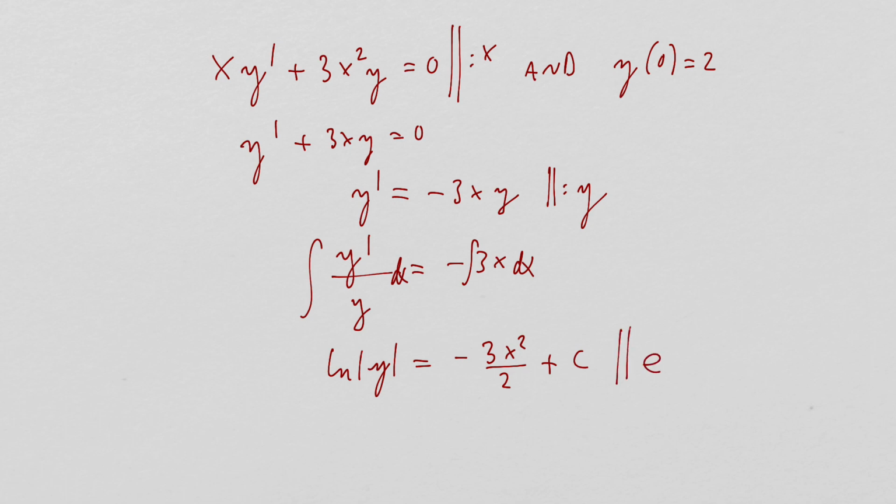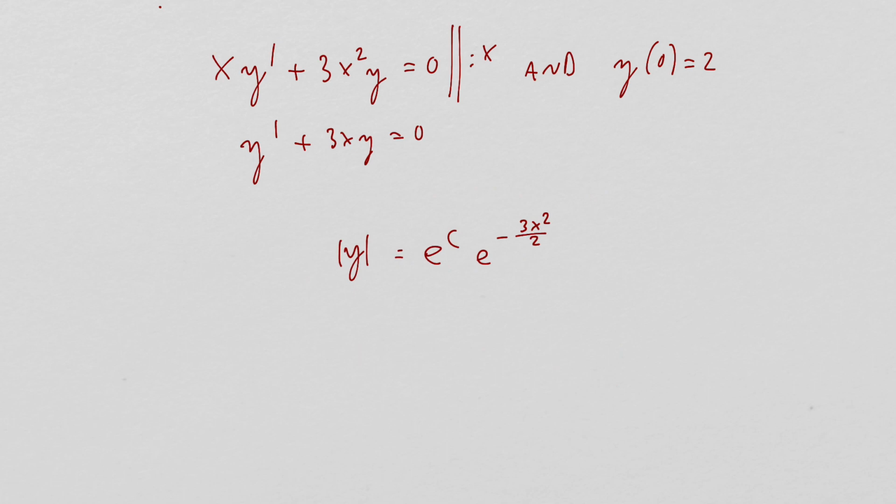Taking the exponential, we get that absolute value of y is e to power c times e to power minus 3x squared divided by 2. Removing the absolute value, we get that y is equal to plus or minus e to power c times e to power minus 3x squared divided by 2.